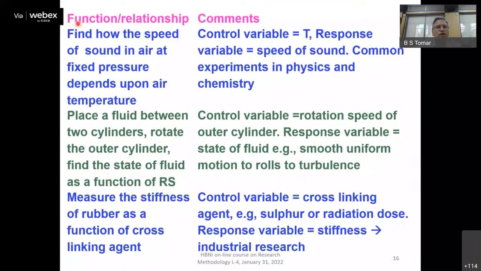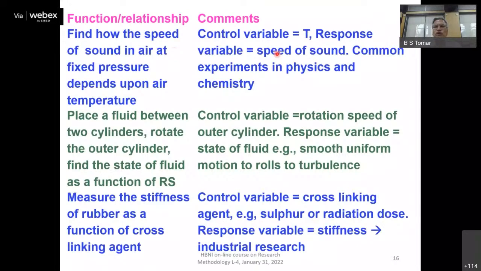Some examples are like this. The function or relationship: find how the speed of sound in air at fixed pressure depends upon air temperature. So this is the relationship between speed of sound in air and the ambient conditions of pressure and temperature. The control variable is, let's say, temperature.